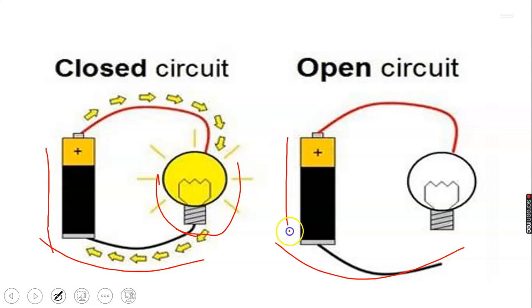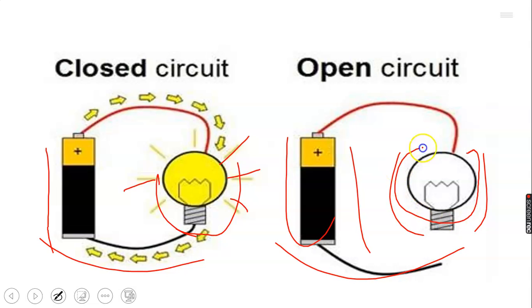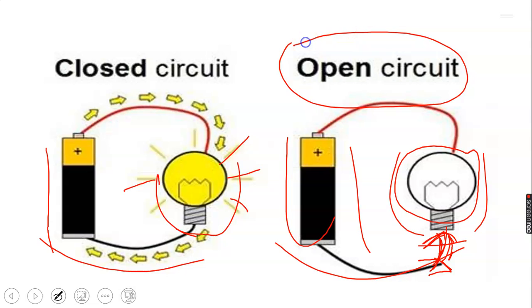But here as well, we have the battery, we have the bulb. But something is actually missing here. The bulb is on here. Why is the bulb not on here? Okay, who can tell me why? Because there's no connectivity here. That's why we call it an incomplete circuit. Something is not making it connect here, and because of that, we call it an open circuit.